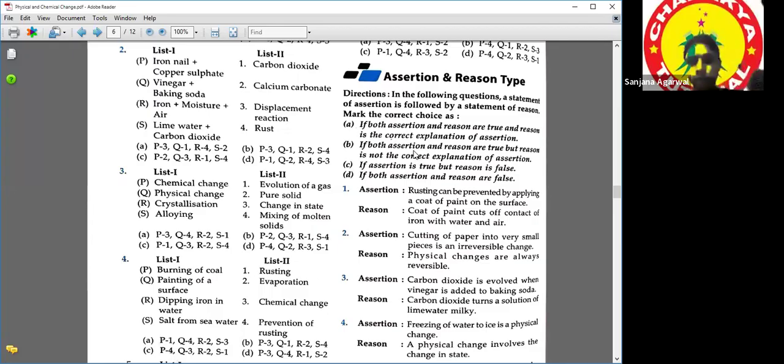Rusting can be prevented by applying a coat of paint on the surface. Paint cuts off the contact of iron. Only two, Rohini and Aishwarya. Out of 8, only 2.